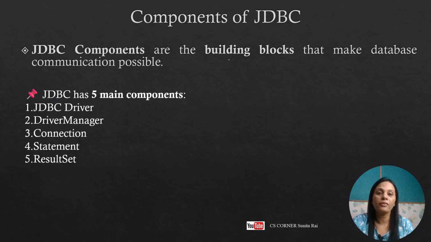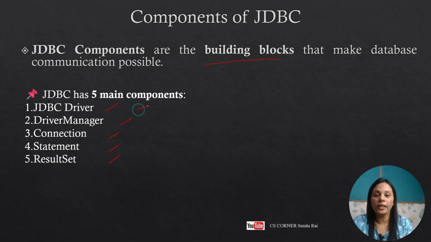Now let's move to the main topic, that is the components of JDBC. They are important. They are building blocks and they make communication possible. Because of them, the Java program can connect to the database and execute the query. So we have a total of 5 components. The first is driver, second is driver manager, third is connection, then we have statement and then we have result set.